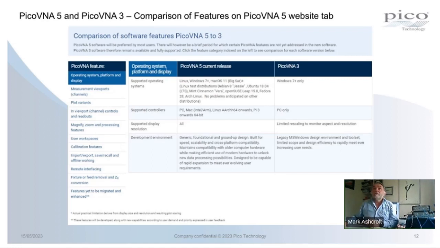And this is all brutally honest. If we haven't got a feature in 5 yet, we are honest about it and tell the customer. Everything is listed there so that you can go straight there to see which to use at this point. 3 is still available. It is still fully supported and will continue to be so. We hope, of course, that PicoVNA5 will be much preferred.